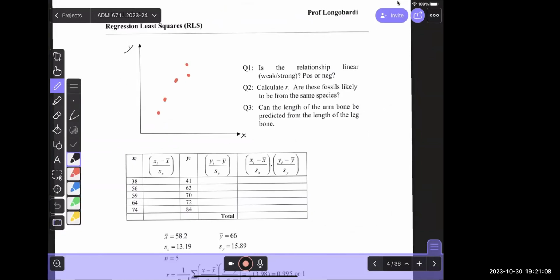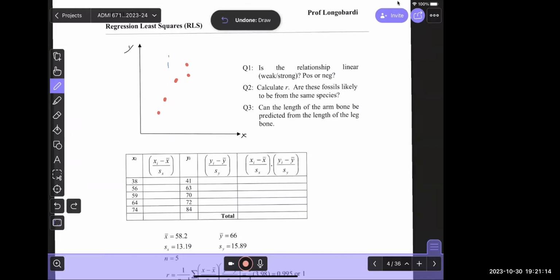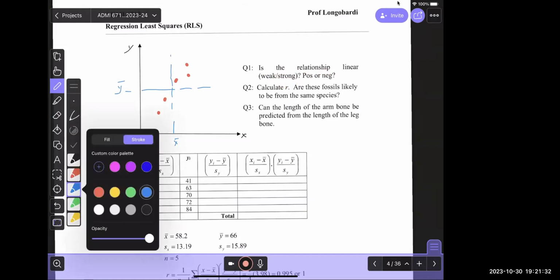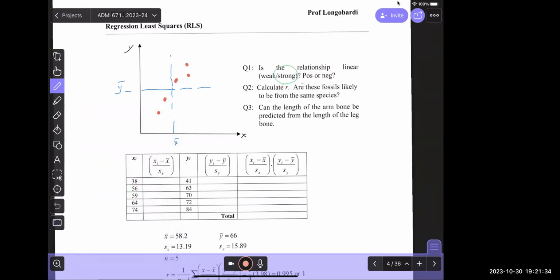If we use the pattern that we talked about before for validating, what do we see? This is a strong positive linear relationship. You agree? Yes.